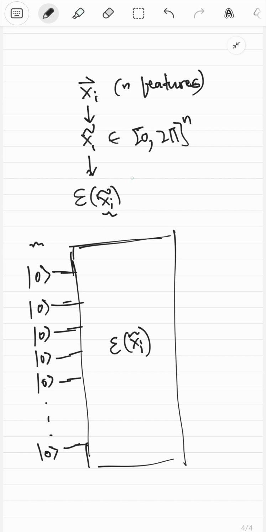So xi tilde, the features in this vector, right? The entries are pretty much parameters for single qubit gates and also double qubit gates. So you have some control gates which we apply on these m qubits, and that gives you some vector.